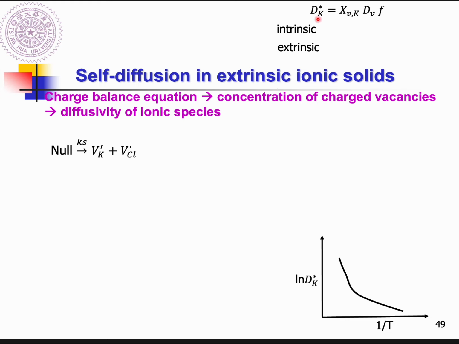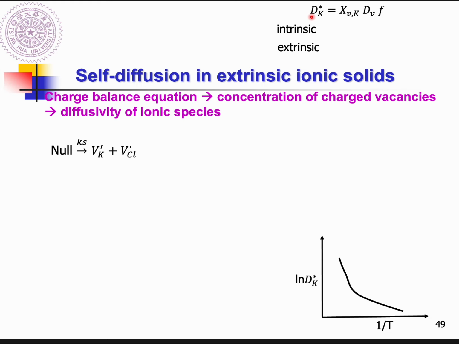The first thing that comes to mind is that D_K is proportional to X_VK, D_V, and f. F usually won't change, right? So if the dopant changes X_VK or D_V, then that will change D_K* for sure.